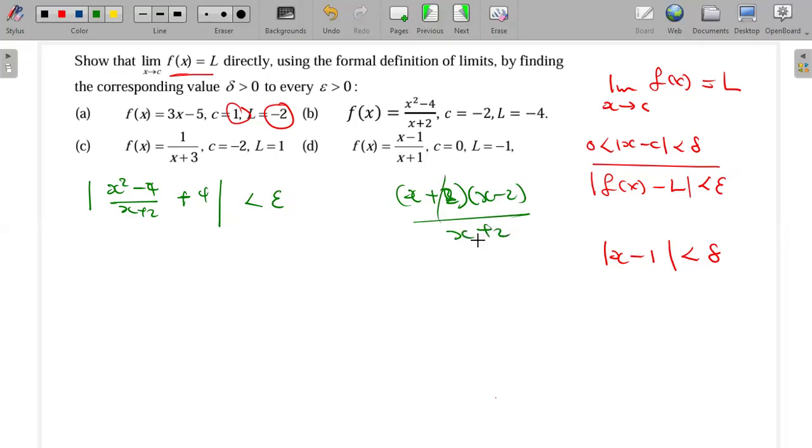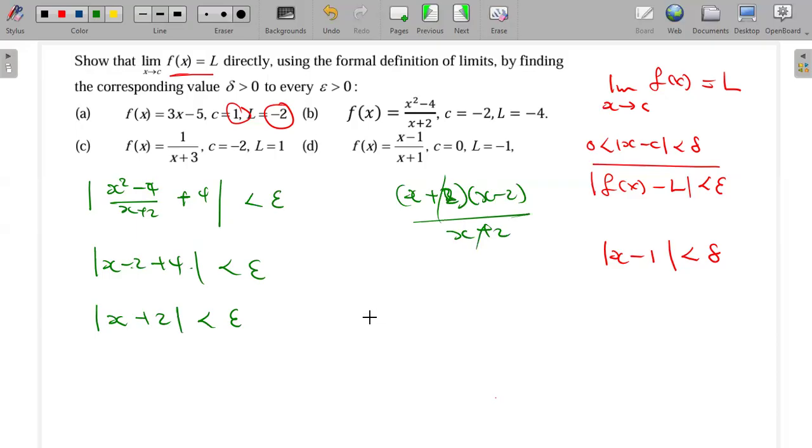So this and that cancel, and you just remain with x minus 2, and then plus 4 there, and it's less than epsilon. After getting this, you're just going to have that this is x, giving you positive 2, and then less than 3.